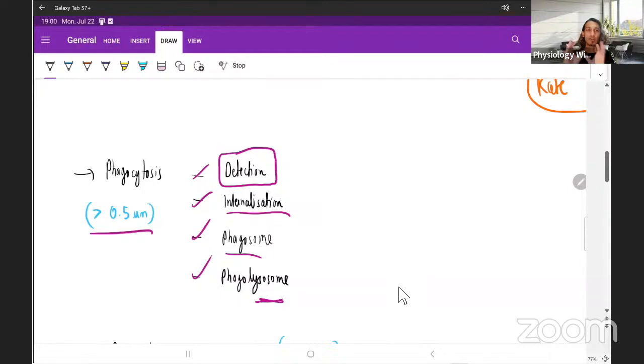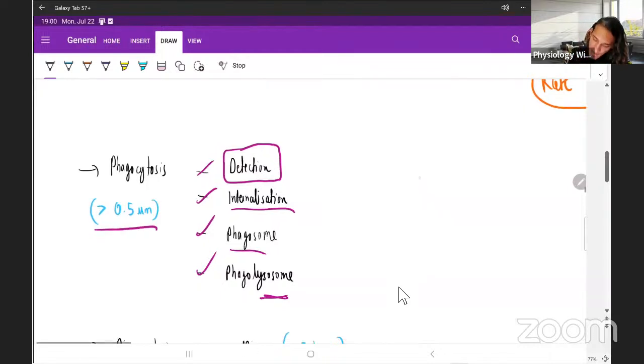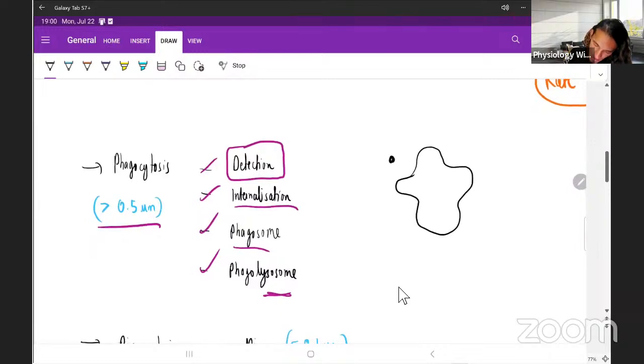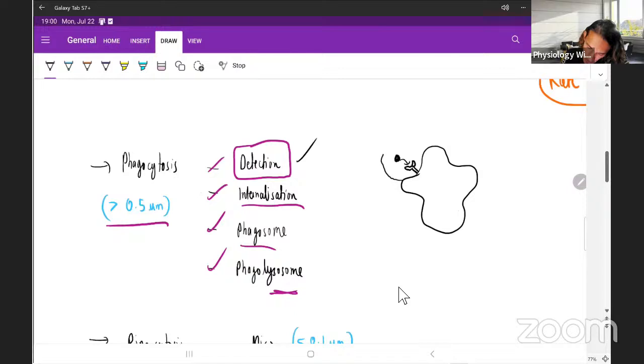We have a cell here, and this is what needs to be engulfed. Once it goes close and a receptor binds to it, the first step of detection is done. Then pseudopods start coming out and it gets internalized.